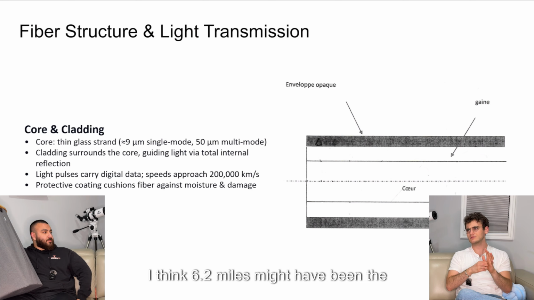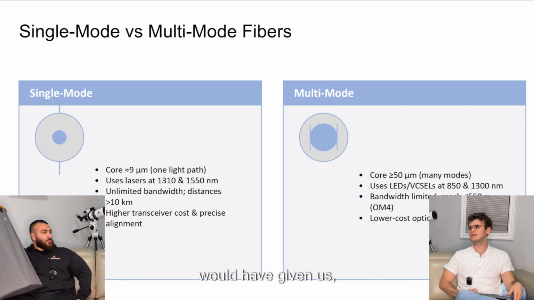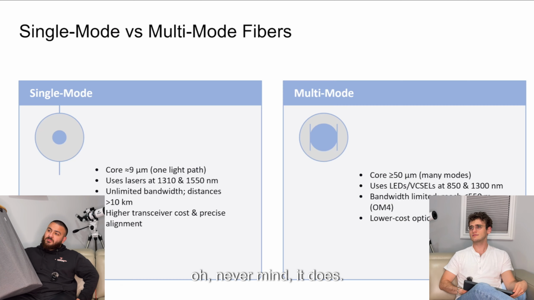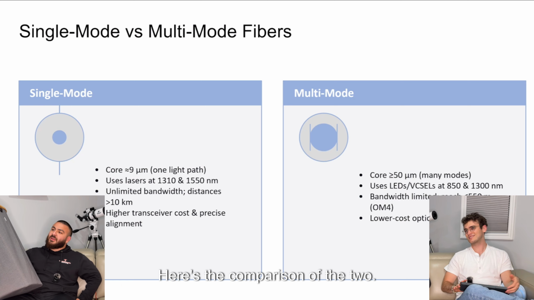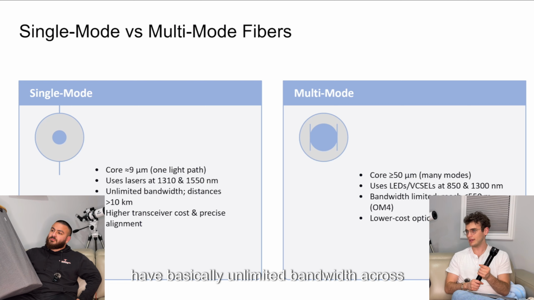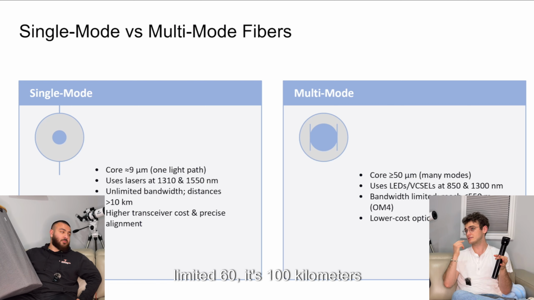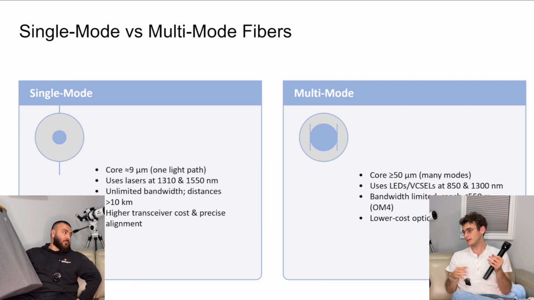I think 6.2 miles might have been the multimode. Here's the comparison of the two. So these lasers have basically unlimited bandwidth across higher distances. It says above 10 kilometers, but its limit is 60. It's 100 kilometers so far.